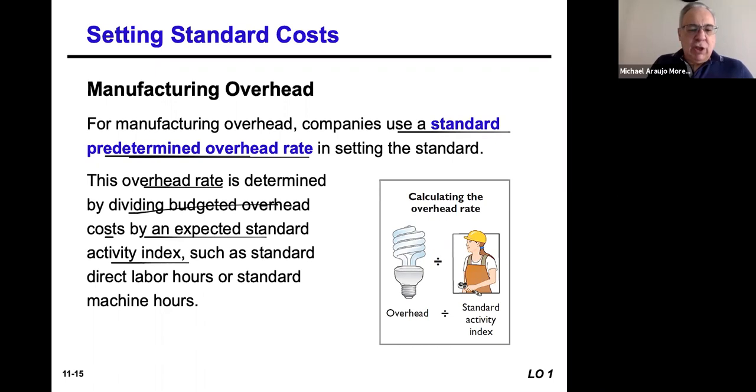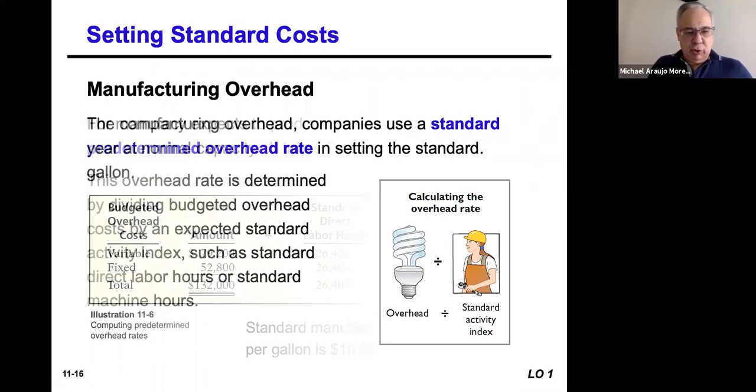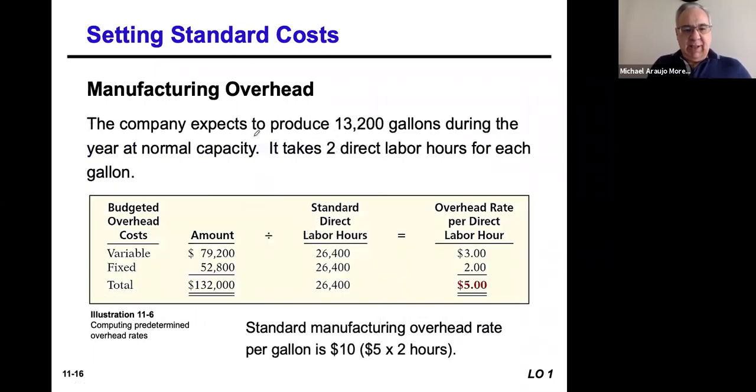So this usually is given to you. In this case, for overhead, they're going to produce 13,200 gallons of product X. That's normal capacity. It takes 2 direct labor hours for each gallon.